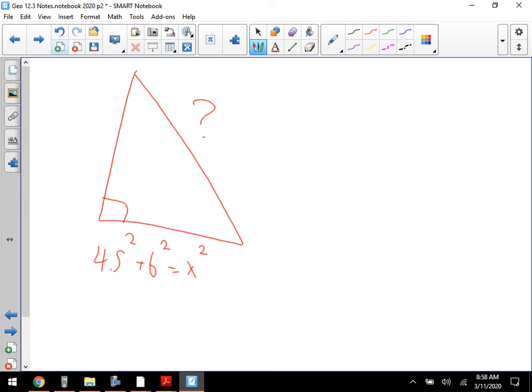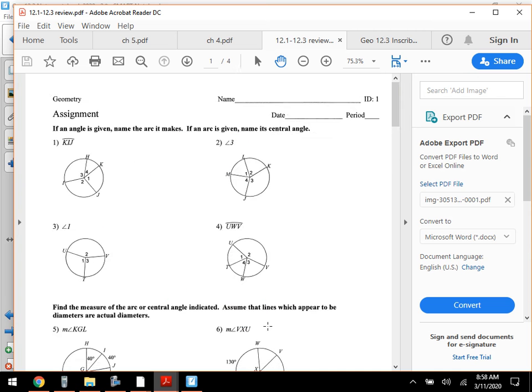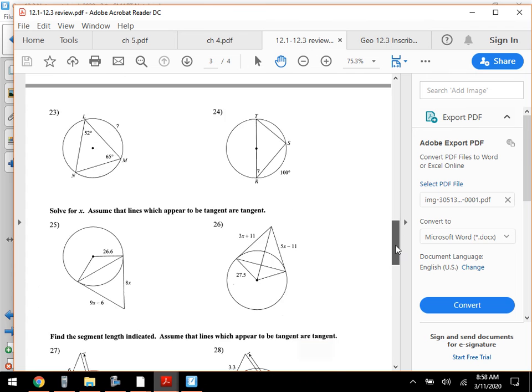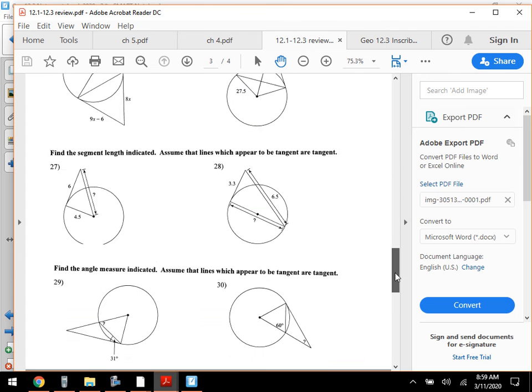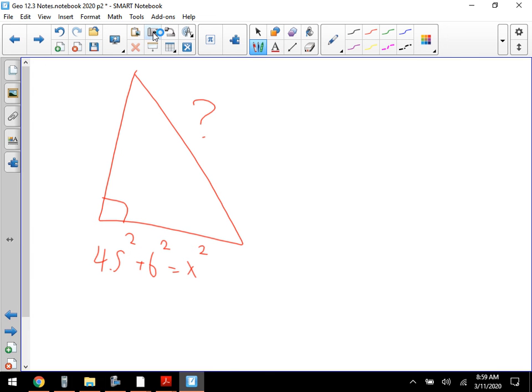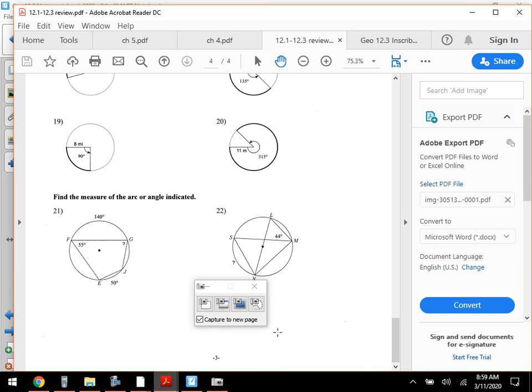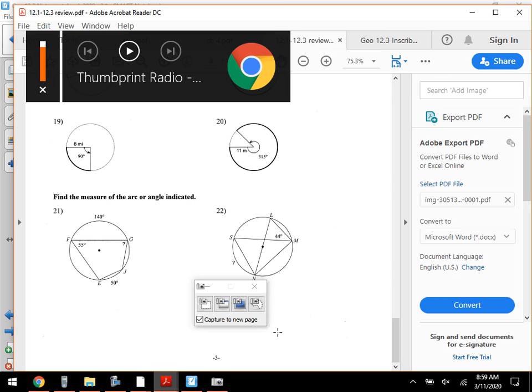What about number 22? So 22 is a lot like the ones we did the past couple of days. When you look at one like number 22, same idea.